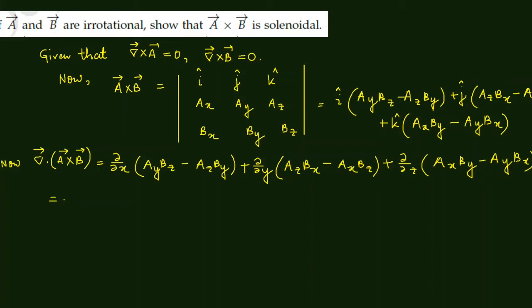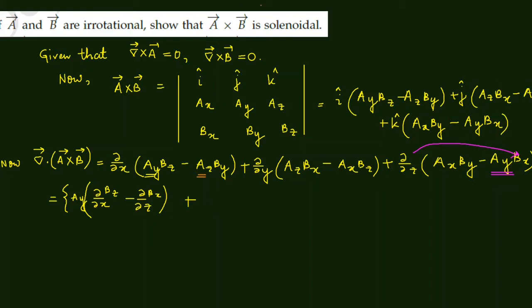So, first I write down, let us say, operate the del x on Bz. So, Ay I keep as it is, del x operates on Bz. There will be another term where Ay will be constant and del z will operate on Bx. So that's the last term shown over there. So I write that term first.